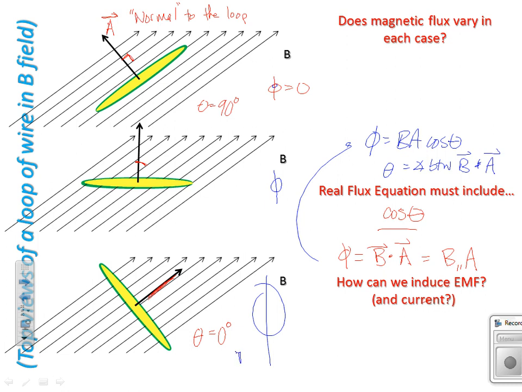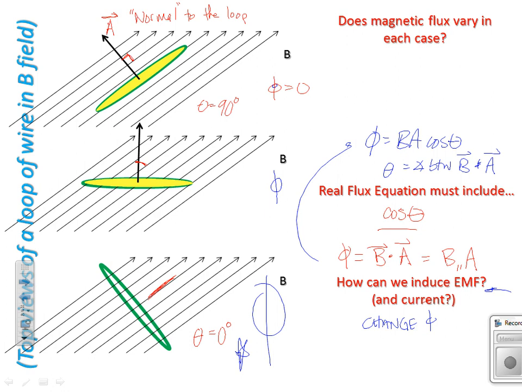So lots of flux here, tons of flux. But by itself, lots of flux doesn't do anything. If we want to induce an EMF, we need to change the flux. So what we can do, if we wanted to change flux, is rotate the loop. Right now there's none, there's lots, there's a little less, there's none. There's some, there's lots, there's some, there's none. There's some, there's tons, there's some, there's nothing. All right? So if that flux keeps changing, what we get is an induced EMF, and therefore an induced current.